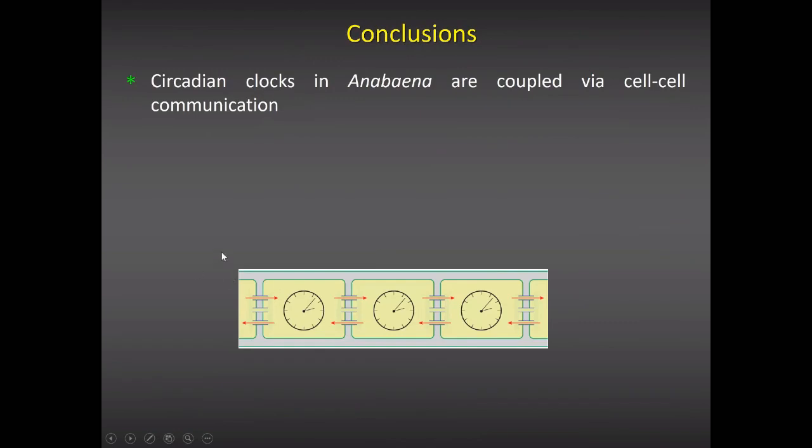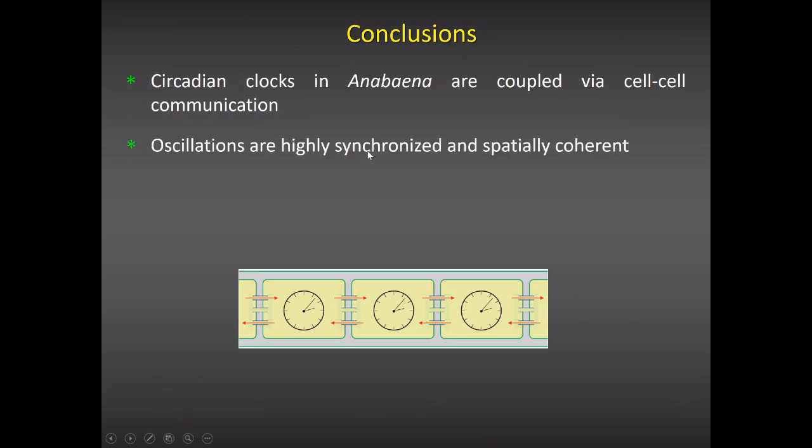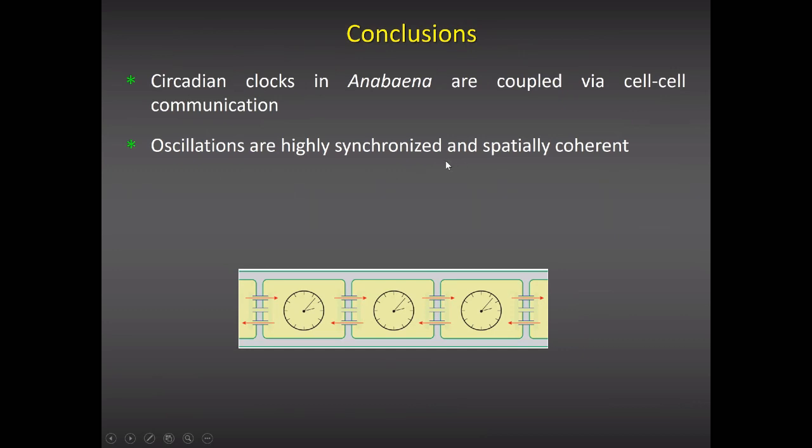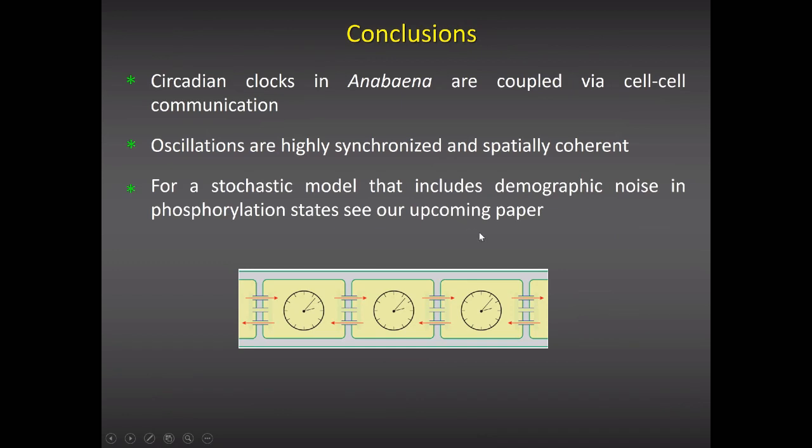So to sum up, today I showed you that circadian clocks in Anabaena are coupled via cell-cell communication, that oscillations are highly synchronized and spatially coherent, and for a stochastic model that includes demographic noise in phosphorylation state, see our upcoming paper.